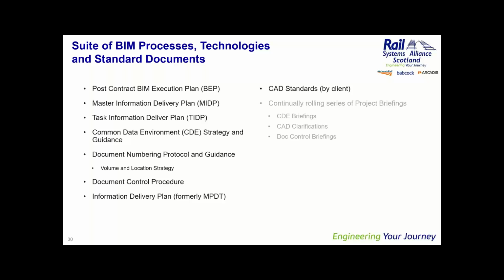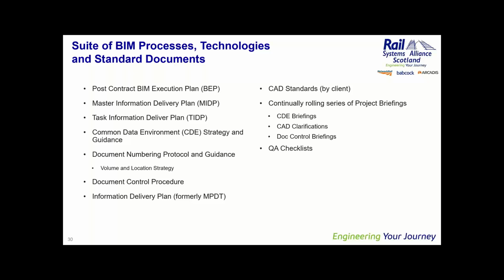We have a continual rolling series of project briefings, which include common data environment briefings, the CAD clarifications and doc control briefings. In terms of the CAD clarifications, the CAD standards, as I said, are by the client, but we have specific clarifications, I wouldn't say deviations, but certainly understanding of how we deliver against those standards. We have QA checklists, including a CAD QA process.